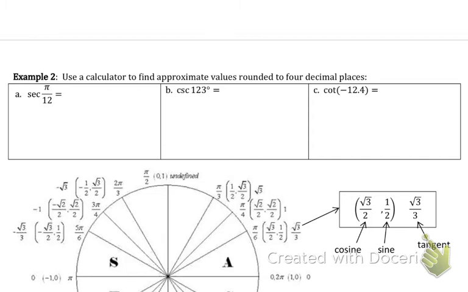We need to know 2 rules with your calculator right now. First rule, you have to have it in the right mode. This will be on the test, so probably a good idea that you actually have a graphing calculator so you can follow along with me. Your mode has to be correct. Notice how this one has pi in it and this one has degree.